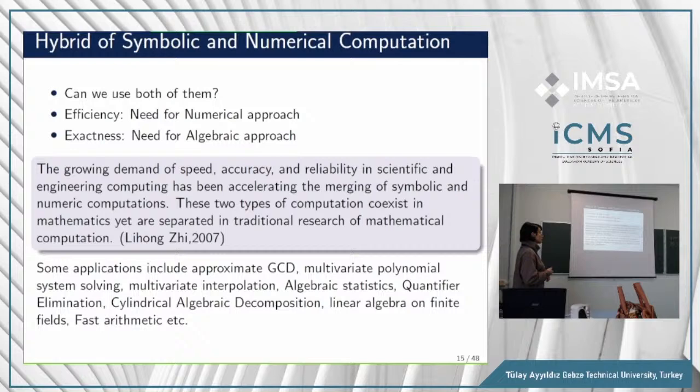In multivariate interpolation, everything gets so messy so quickly, and symbolic computation controls it very well. Algebraic statistics is also a very new area. People use symbolic computation for quantifier elimination, symbolic algebraic decomposition, and linear algebra on finite fields. And fast arithmetic uses symbolic and numeric computation together.